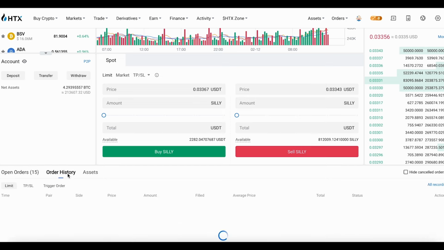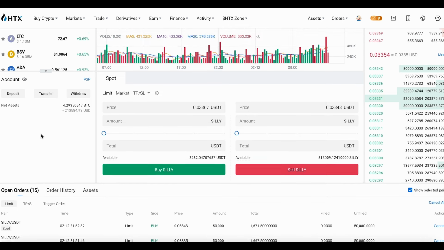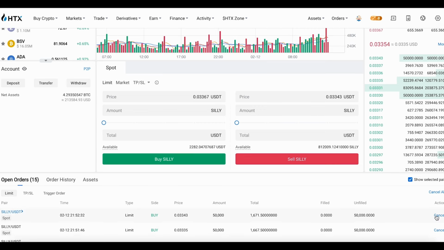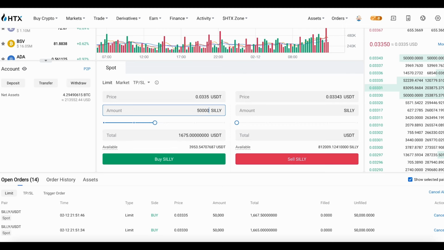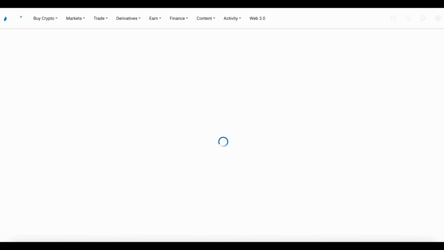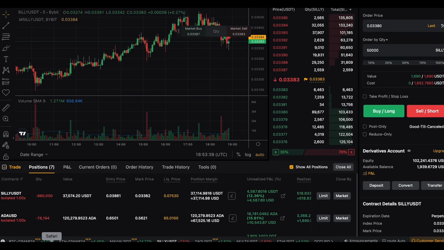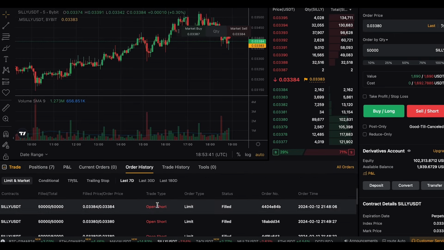Here are my 150,000 here in the order history. Oh, 0.334. Let's set it to 0.335 to make sure it closes. 0.335 for 50,000. While the order is closing, let's go to the order history and look. So, 3,084 divided by 3,000.